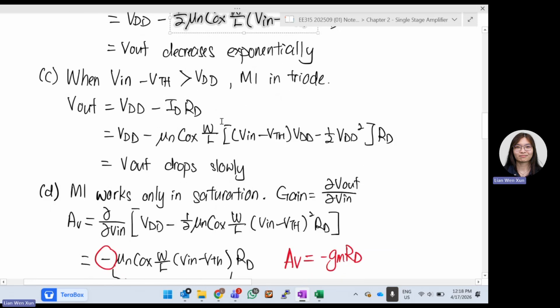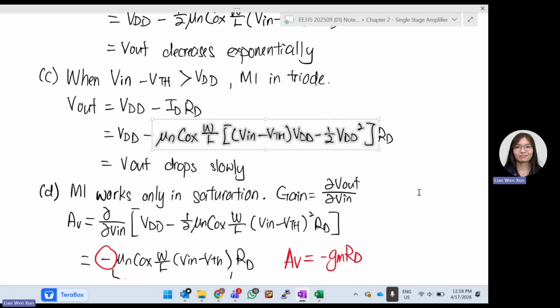But what if you keep on increasing your V in a lot until it is more than VDD? So your VGS is more than VDD now, and then you force it into the triode region. The ID formula becomes this one, where you have VDD over there; the VDS is basically your VDD.